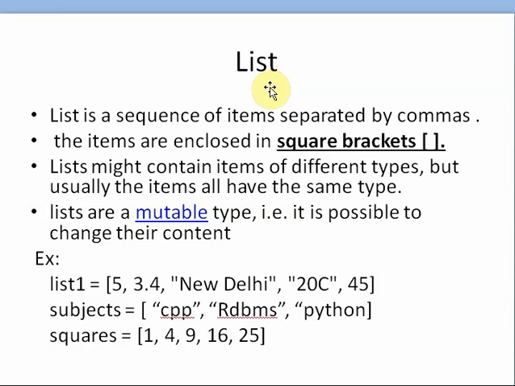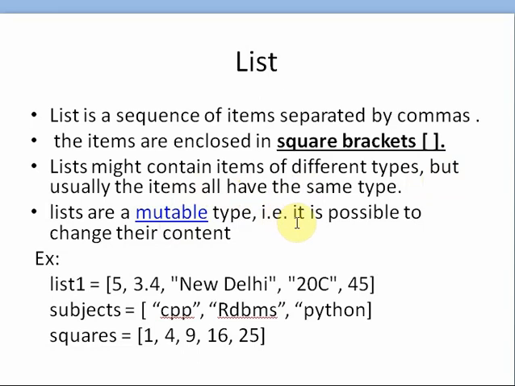So let us see what is list. List is a sequence of items separated by commas. The items are enclosed in square brackets. A list might contain items of different types, but usually the items all have the same type. Lists are mutable type.